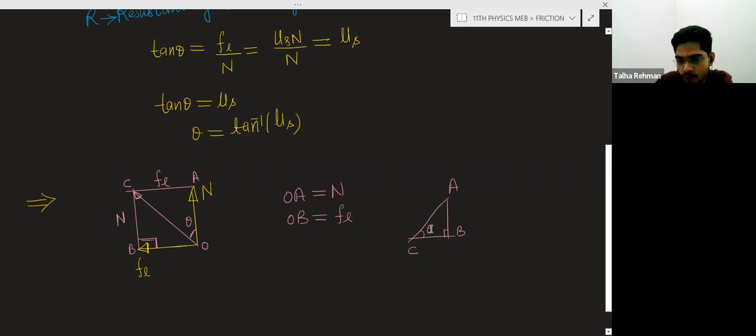Opposite to the theta, you will get the perpendicular of the triangle, and opposite to the 90-degree angle, you will get the hypotenuse of the right angle triangle. This is a right angle triangle, and the other side will be the base.